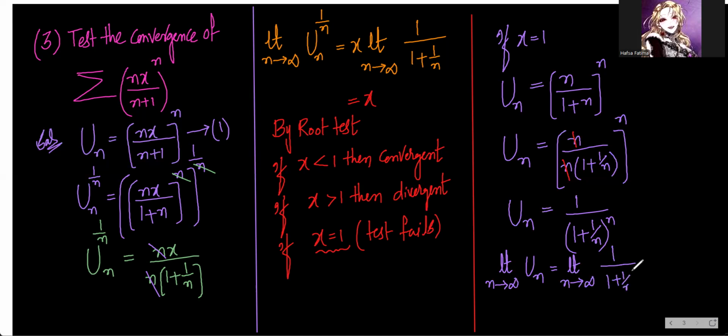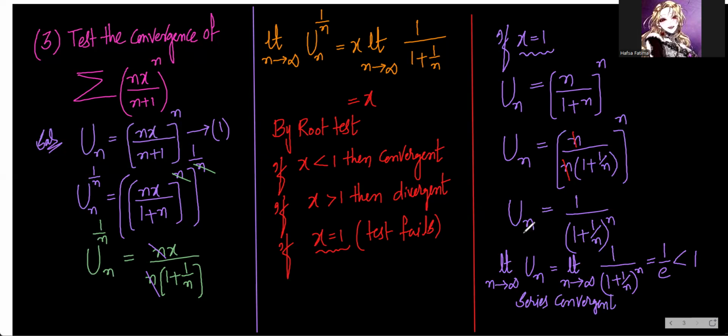The limit of a constant is the constant itself, but the denominator will make a difference, that is 1 by e, which is less than 1. So less than 1 means when x is equal to 1 also the series is convergent. We don't need any test, we just apply the limit.